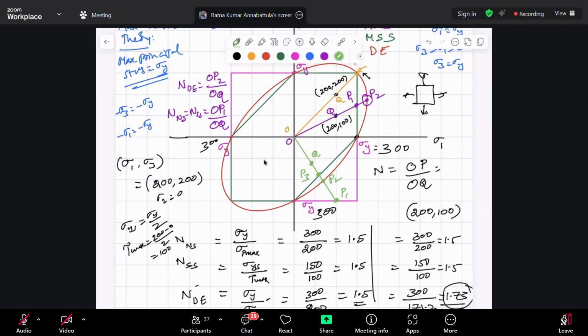However, between distortion energy theory and shear stress theory, you see that shear stress theory is always more conservative. That means it assumes less factor of safety for the same state of stress, and hence shear stress theory is more conservative compared to distortion energy theory. Can you see that? Yes, sir. Okay. So any questions here?